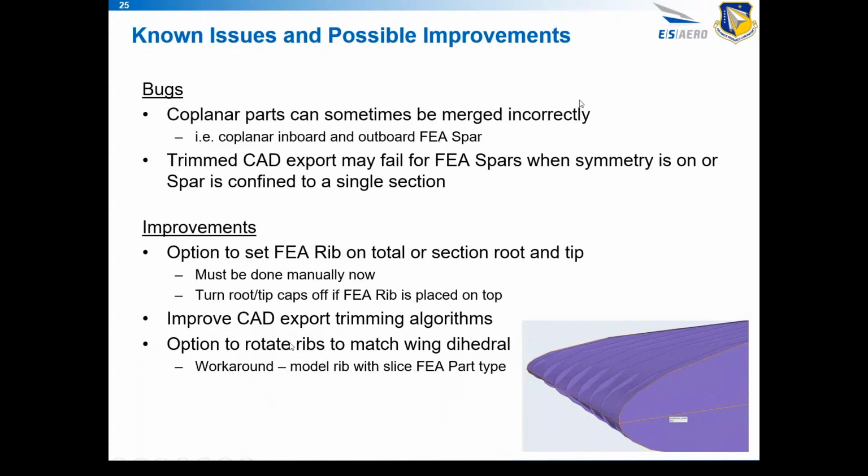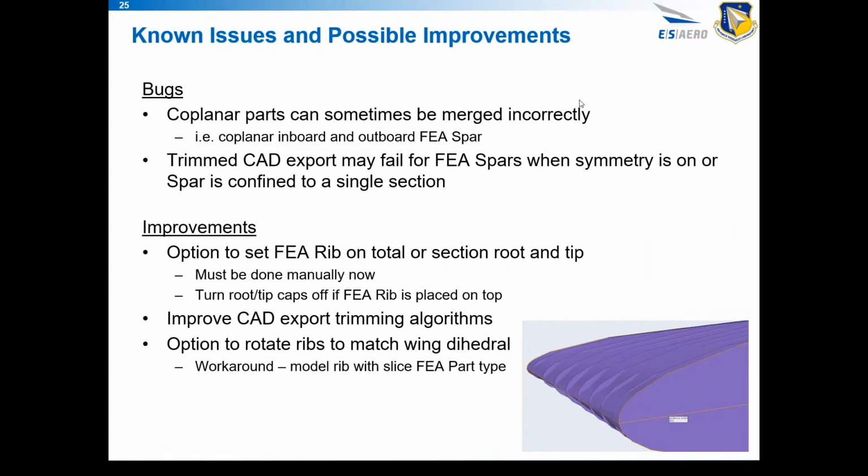A couple of improvements, I mentioned a few of them on the previous slide. There have been a few other suggestions that I've been told of, such as an option to set a rib on the total or sectional root and tip. Right now you have to do it manually, and if you are going to put a rib on your wing root or tip cap, make sure you turn the caps off first. Otherwise that will potentially lead to a coplanar intersection issue.